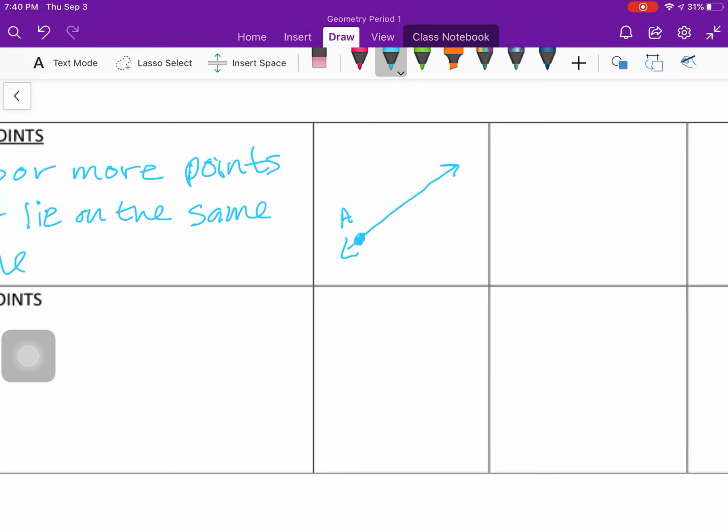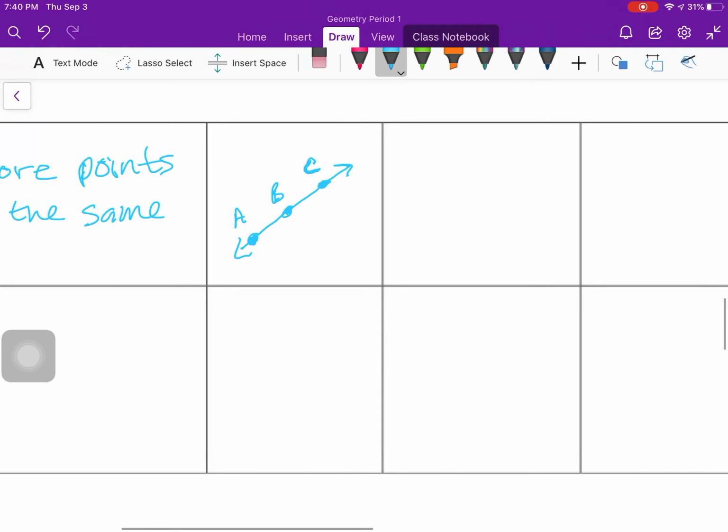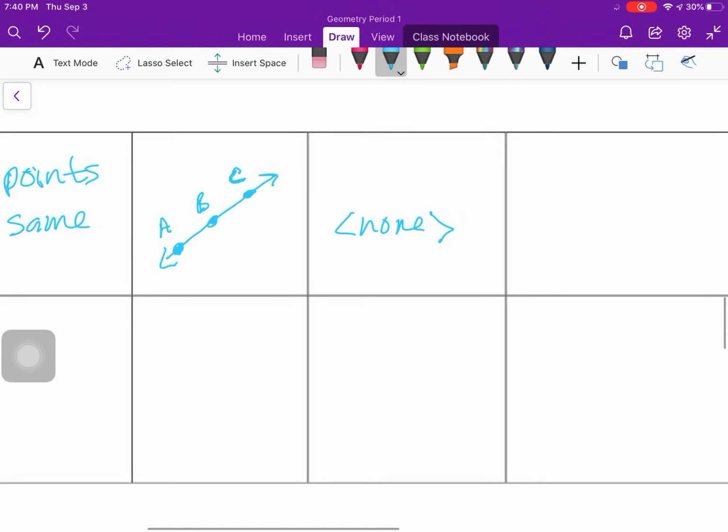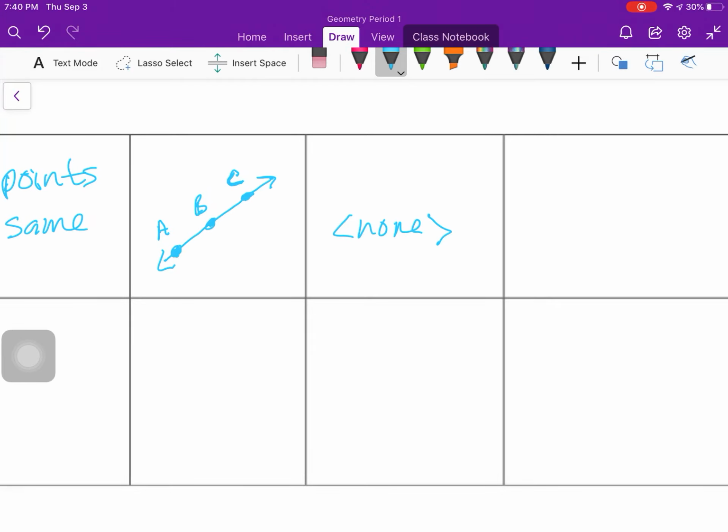We need 3 points that we're going to use capital letters for. All of those points are on the same line, so they're collinear. There isn't any notation for this. We would just say that A, B, and C are collinear.